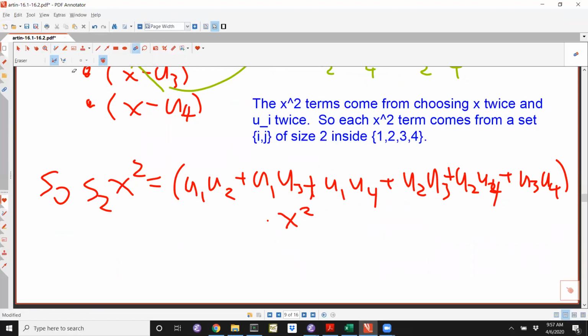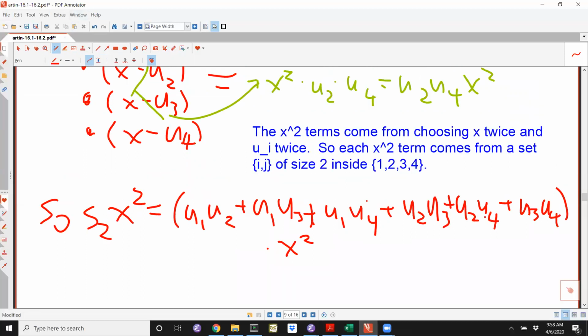Sorry about that, it's a very messy 4 there. Anyway, so what's really happening is that what's being enumerated here for S2 is the sets of size 2 inside the set 1, 2, 3, 4.